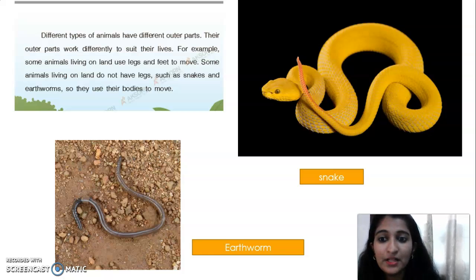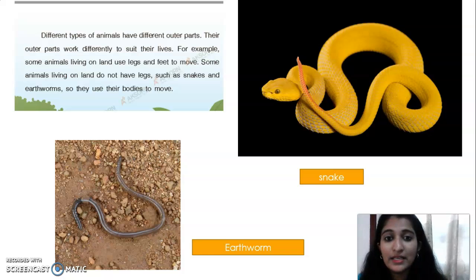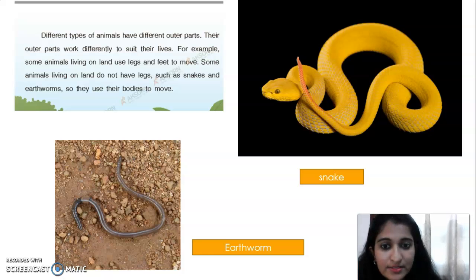For example, animals that live on land use their legs and feet, like humans, monkeys, dogs and cats. They use their legs and feet for walking or running.